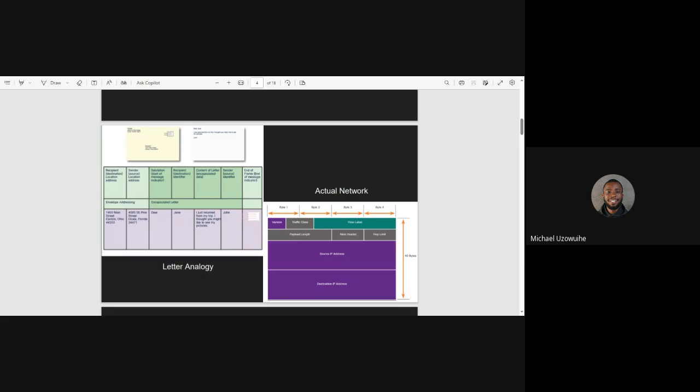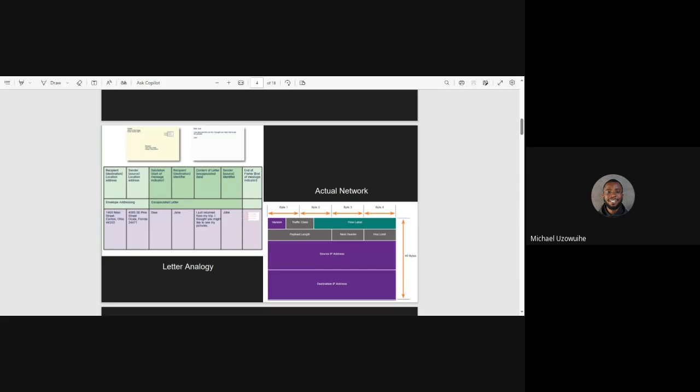So I was just trying to give an analogy of what it looks like in a day-to-day letter that we send in the traditional way and what it looks like in a network. As you can see in this network, we have the source IP and the destination IP. In the letter, we have the sender's name and address, and the receiver's name and address. We also have the payload. Payload simply means the actual data.